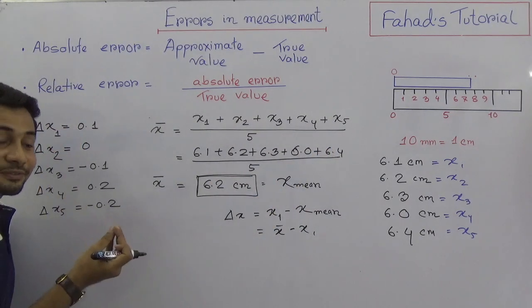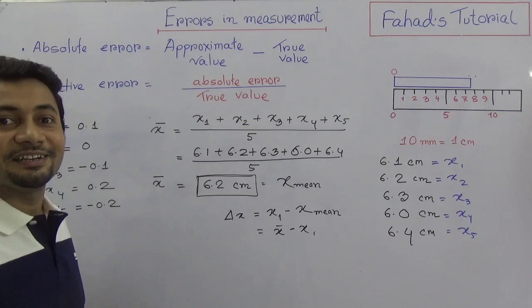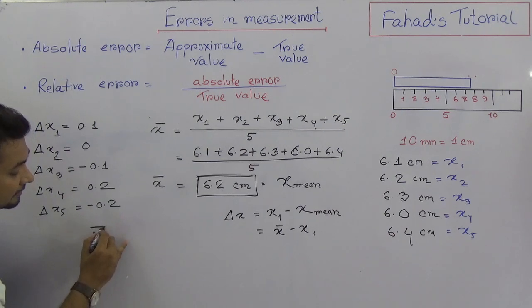Now what should I do? I need to find the mean of these deviations, and that is del x bar.